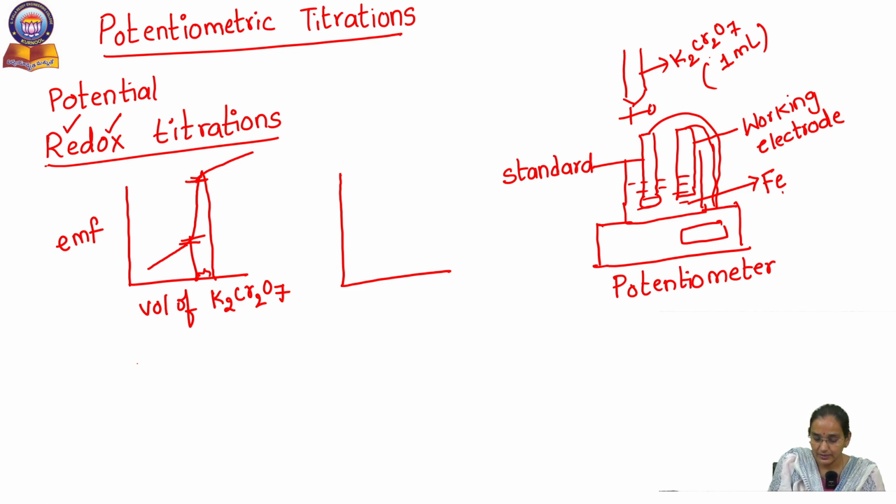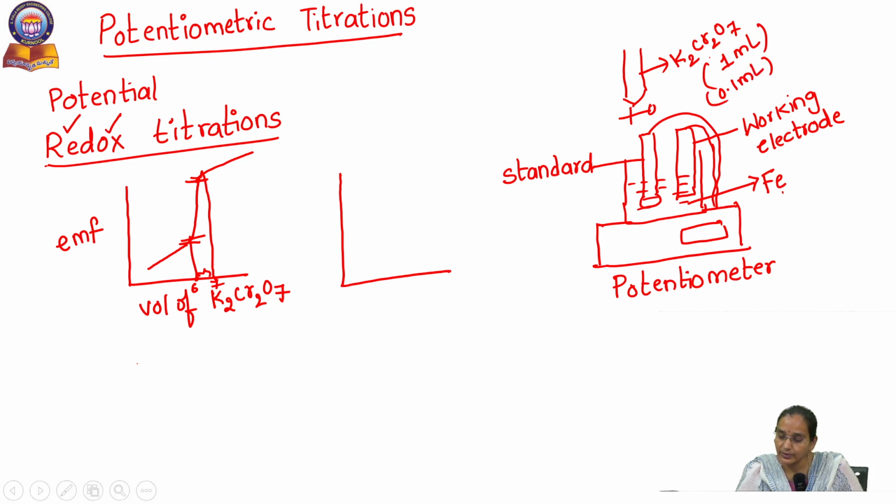If it is between 6 and 7, we do the same setup again, but instead of 1 ml, we add 0.1 ml. This is the rough titration and this is the fine titration. Up to 6 ml, we add potassium dichromate quickly, and after 6 ml, 0.1 ml is added each time. Then again we measure the potential displayed on the potentiometer.